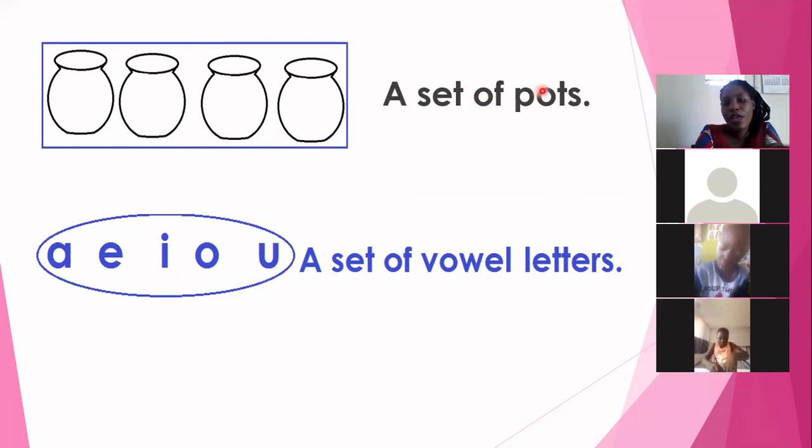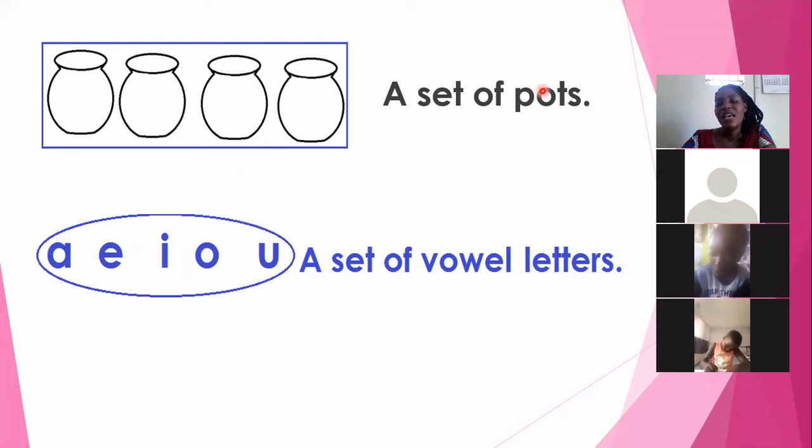You look at what we have in the set, then we give it a name, a set of pots. Or we can as well say a group of pots. Are we following, learners?